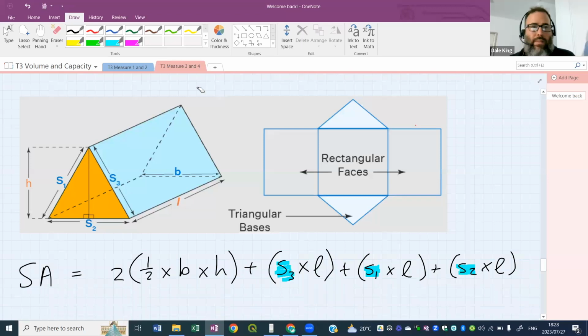These letters might look a little bit different in the exam. You'll say, oh, but I learned S1, S2, S3, and length. They might look a bit different in the exam, I'm just warning you now. As long as you know that you need 3 rectangles and 2 triangles in that whole formula, make sure that you've covered all of them.